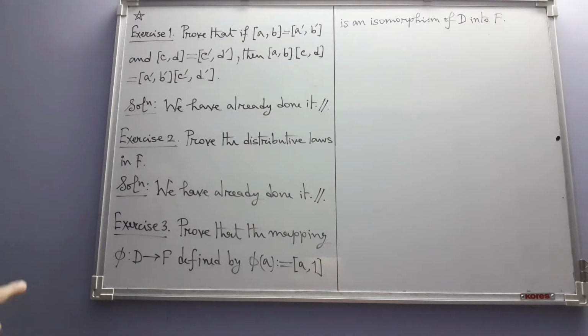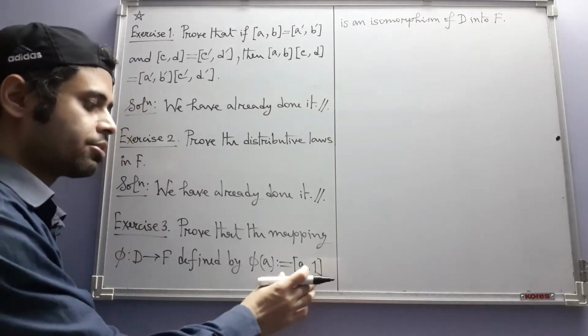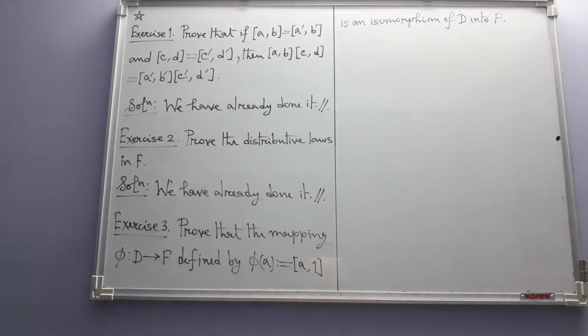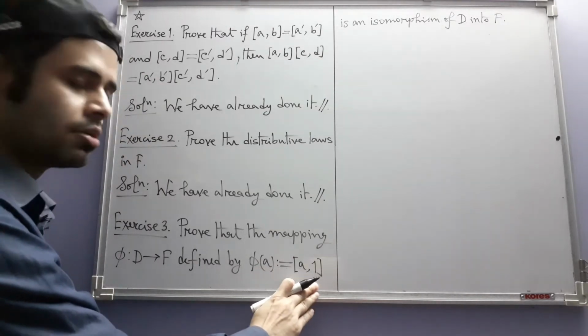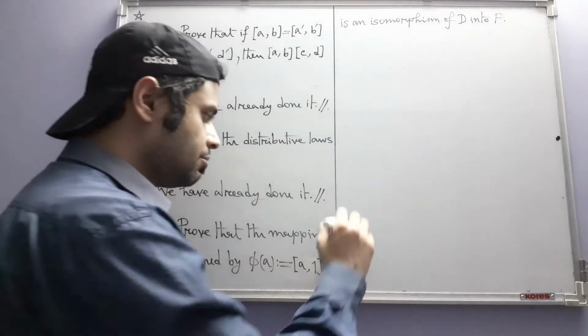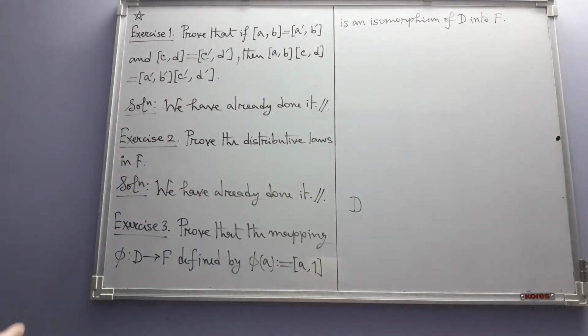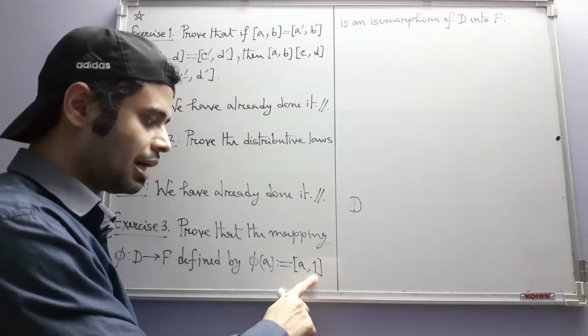Now in this one also we have done, but this (a, 1) looks somewhat unfamiliar. I don't think I have mentioned (a, 1), because if you remember, we started with the integral domain D, which does not necessarily have a unit element. So what is this 1?